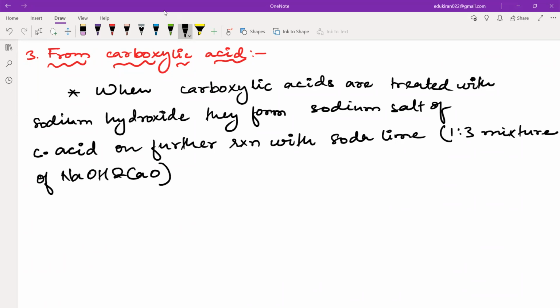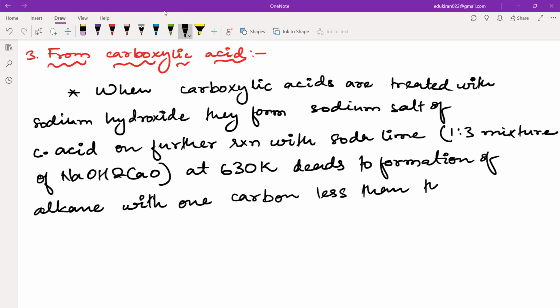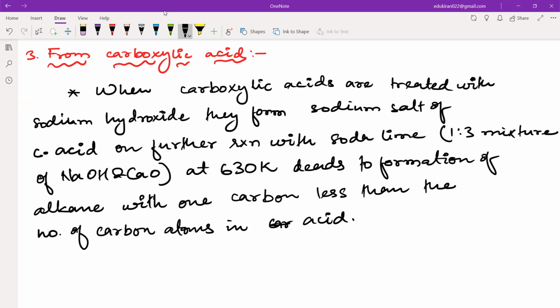Reaction with soda lime at 630 Kelvin leads to formation of alkene with one carbon less than the number of carbon atoms in carboxylic acid.